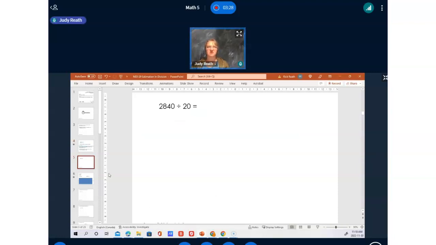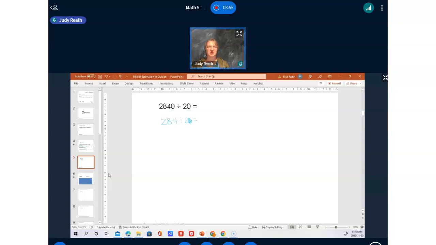So if we had this one, 2,840 divided by 20, now since we have zeros on the end of both of these, we can divide both of them by 10 and make that into 284 divided by 2. Sorry, divided by 2, not by 20. We took that 0 off by dividing by 10.